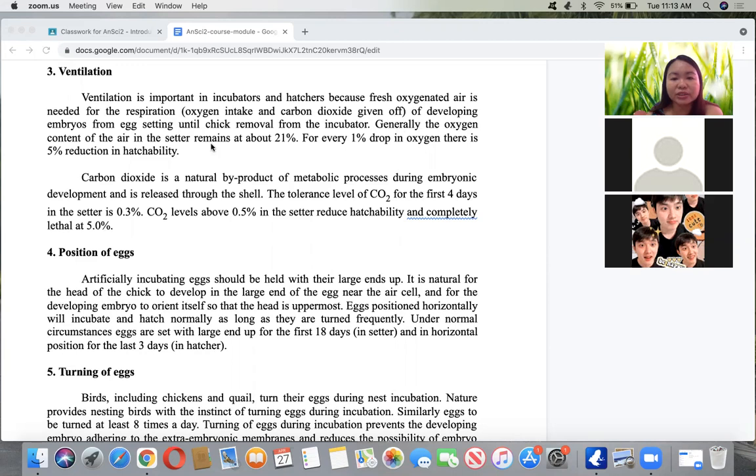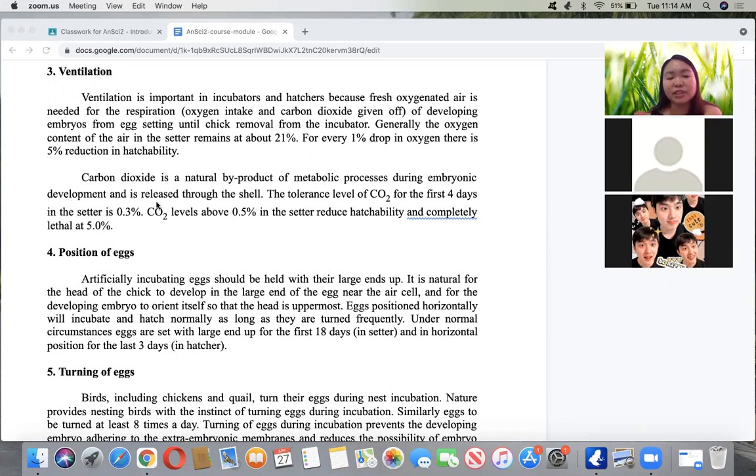Generally, the oxygen content of the air in the setter remains about 21%, and for every 1% na magda-drop yung oxygen, there is also a 5% reduction ng hatchability. So i-remain dapat yung 21% na air content.